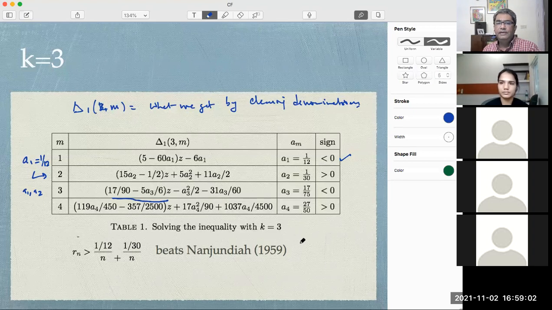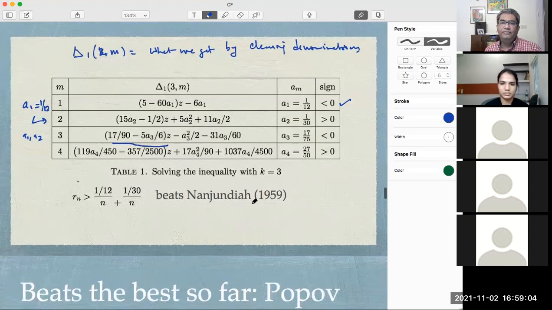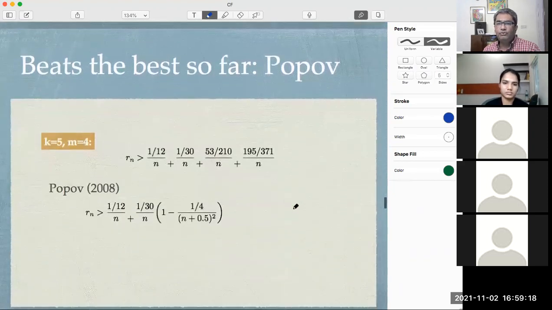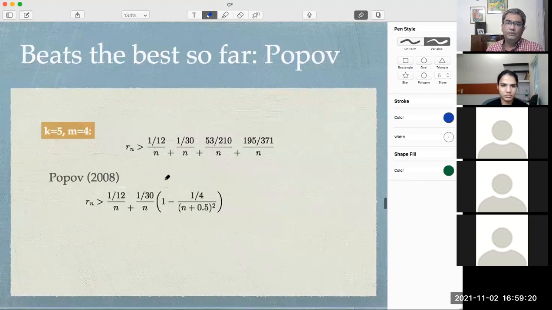Okay. So in this case, we beat another chap called Nanjundiah. This is better than his lower bound. And the best so far which we could find was in 2008 by a person called Popov.